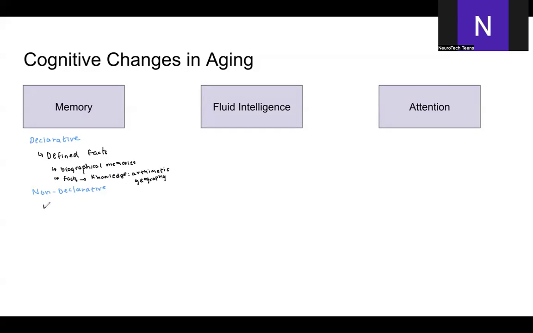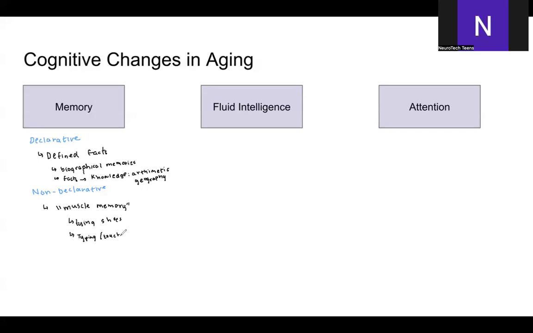Non-declarative memory, however, is memory that is muscle memory almost. When you think of the term muscle memory, that's usually not declarative memory. So when you think of people tying their shoes, or when you think of them typing or touch typing, I mean.